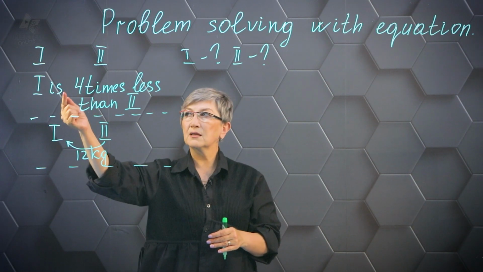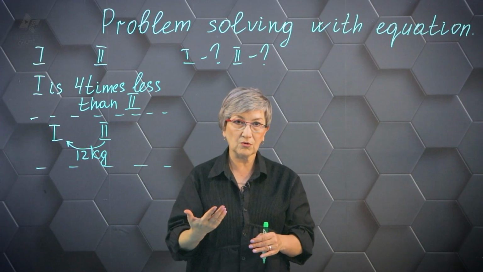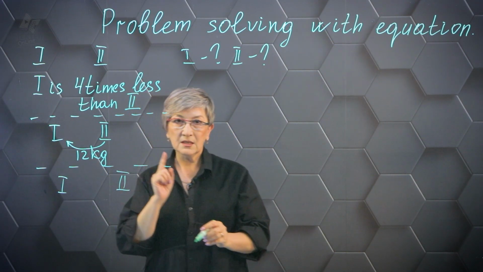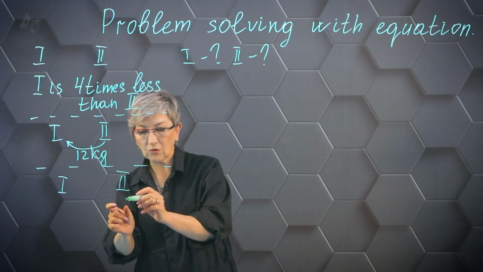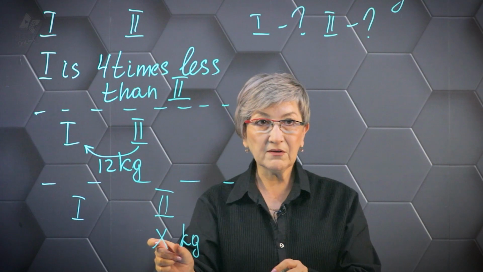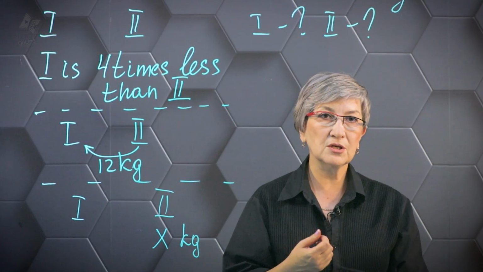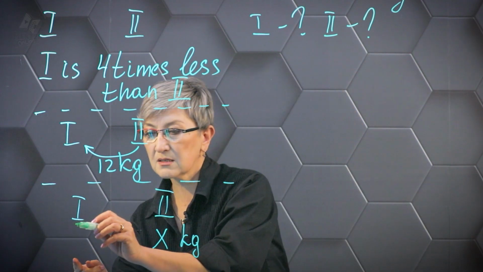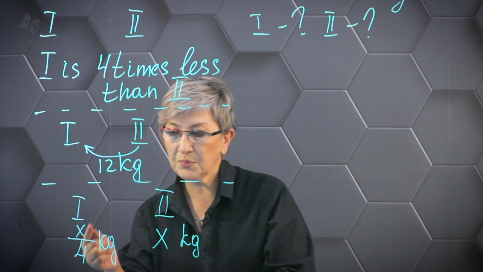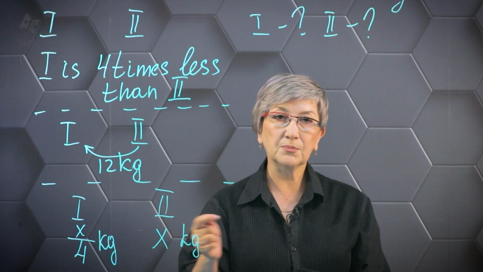If the first box has 4 times less than the second box, and I say that the second box has X kilograms, then there's 4 times less in the first box. What does 4 times less mean? We need to divide X by 4. So originally the first box had X divided by 4 kilograms and the second box just has X kilograms.